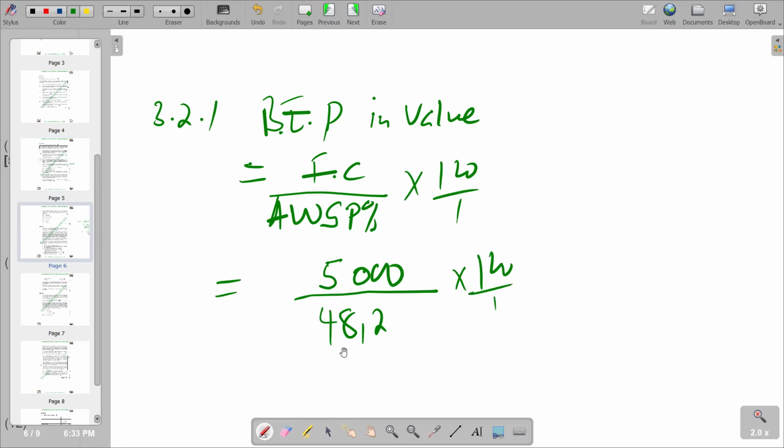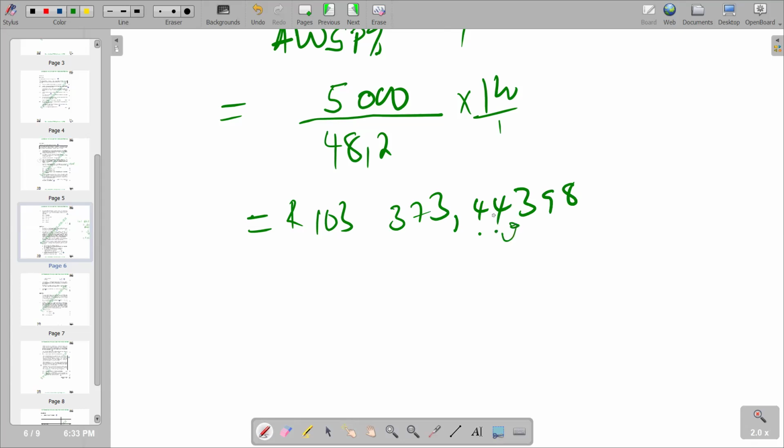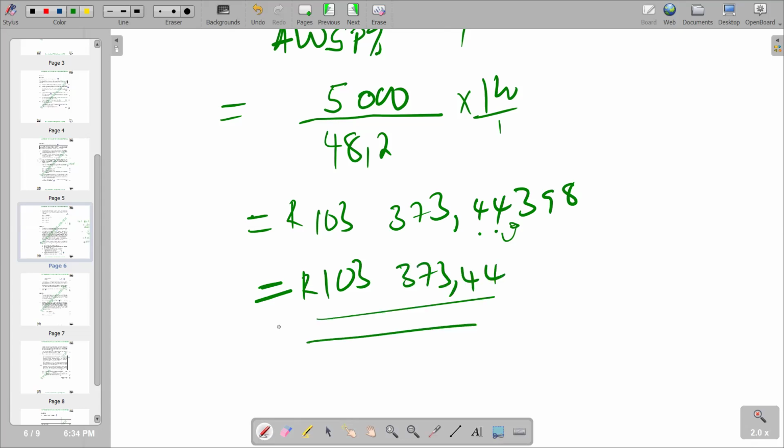If you calculate it, the figure you are going to get is 103,373.44398 rands. Obviously, we want to round it to 2 decimal places, where the 3 will not change our 4, and it becomes 103,373.44. So this is the break-even point in value.